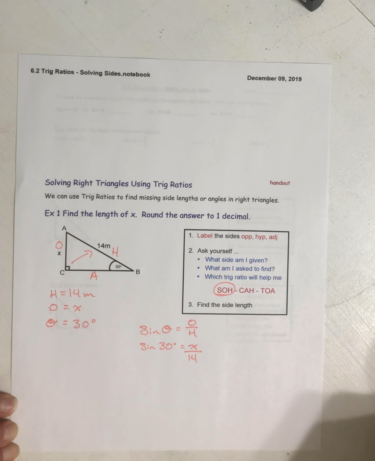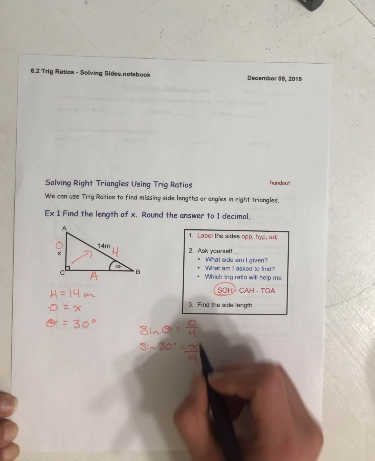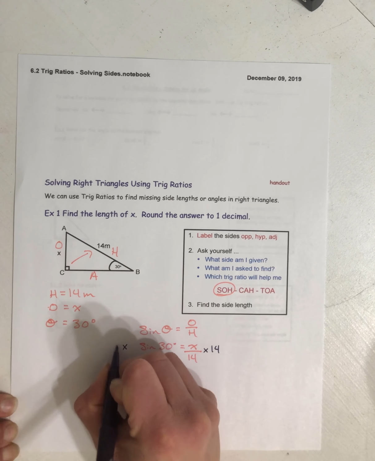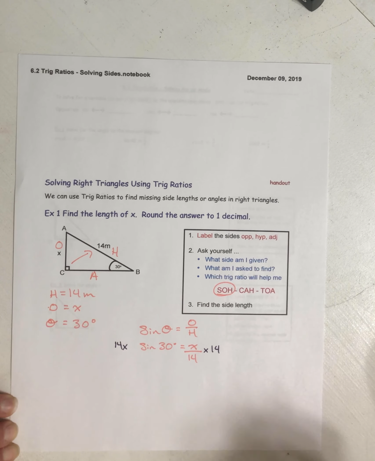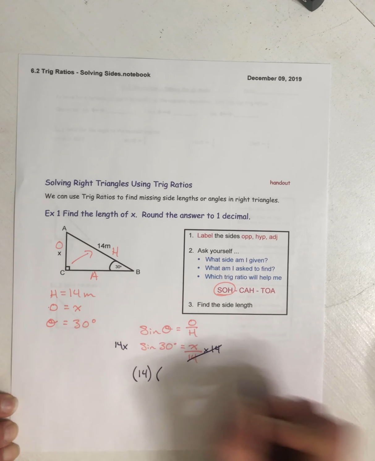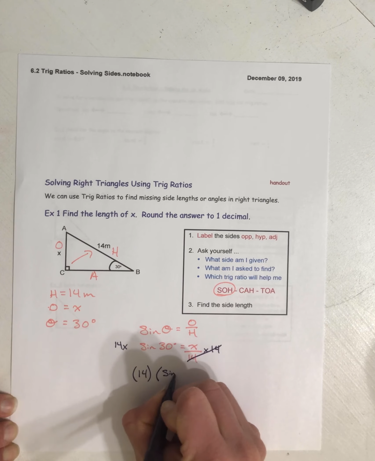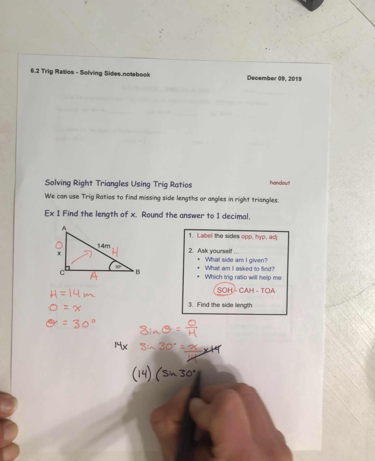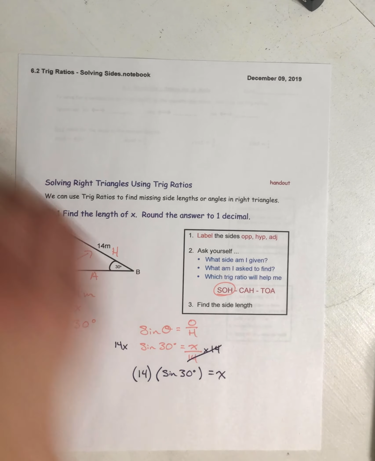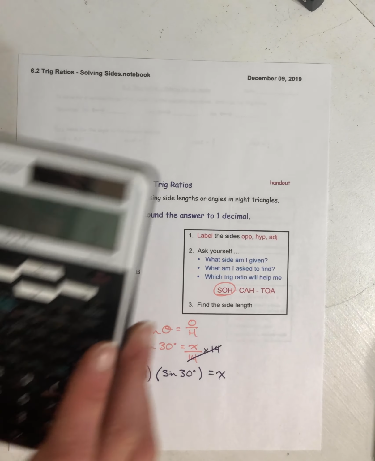And remember, we now need to get x alone, so what are we going to do? 14 is being divided here, so I'm going to times both sides by 14. Because on this side it crosses it out, and then I have x by itself. So then I have 14 times sine 30 is equal to x. So then when I put that in my calculator, I'm going to put it into brackets.